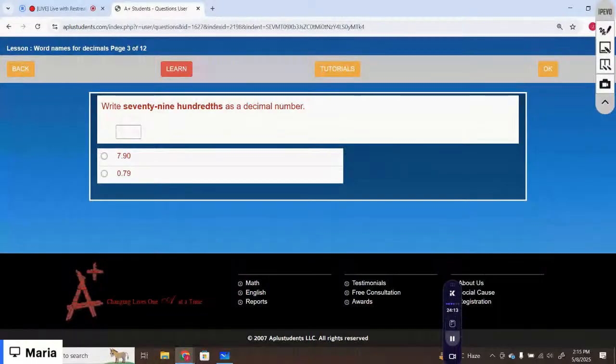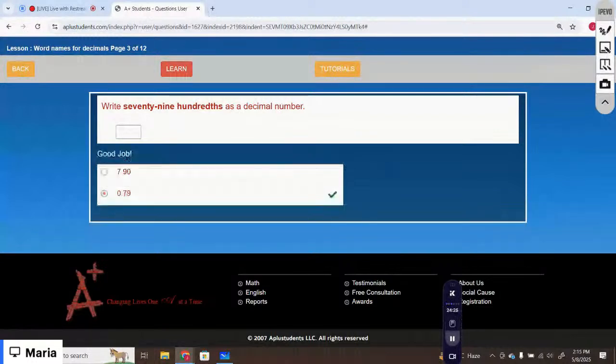So 79 hundredths means 79 is at the hundredths position. So that is 0.79. Option number 2 is the correct option.